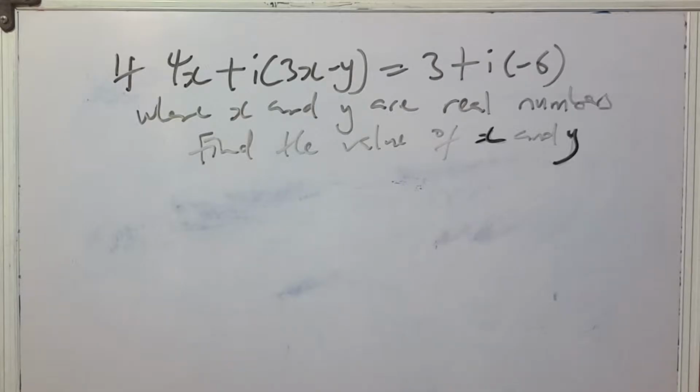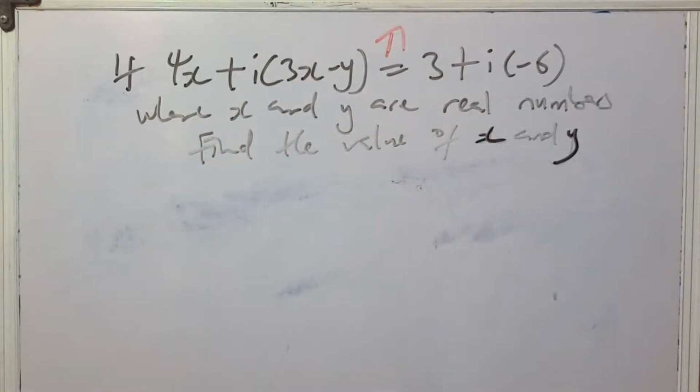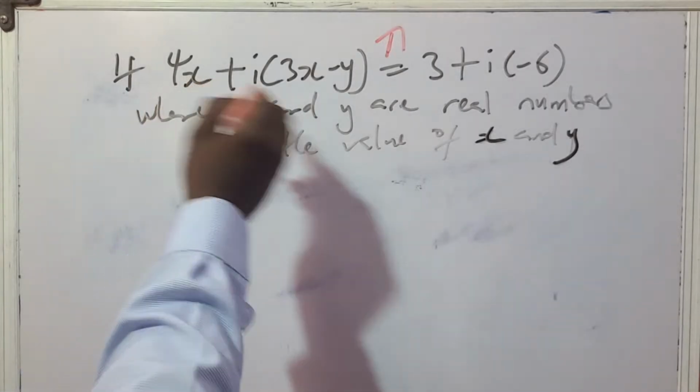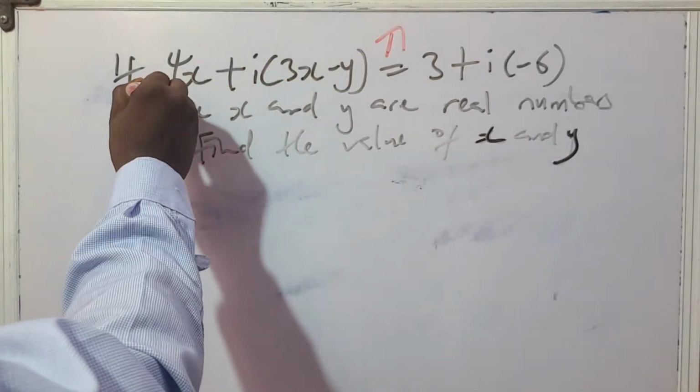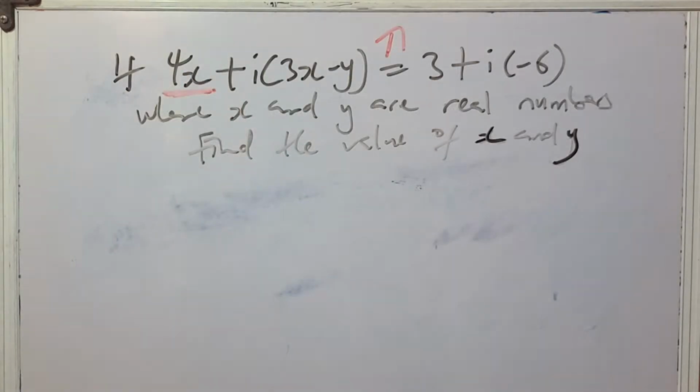All right, I just told you some few minutes ago that two complex numbers are said to be equal if and only if the real parts are equal to each other. Now, the real part here is 4x, because to identify the real part, it is void of i.